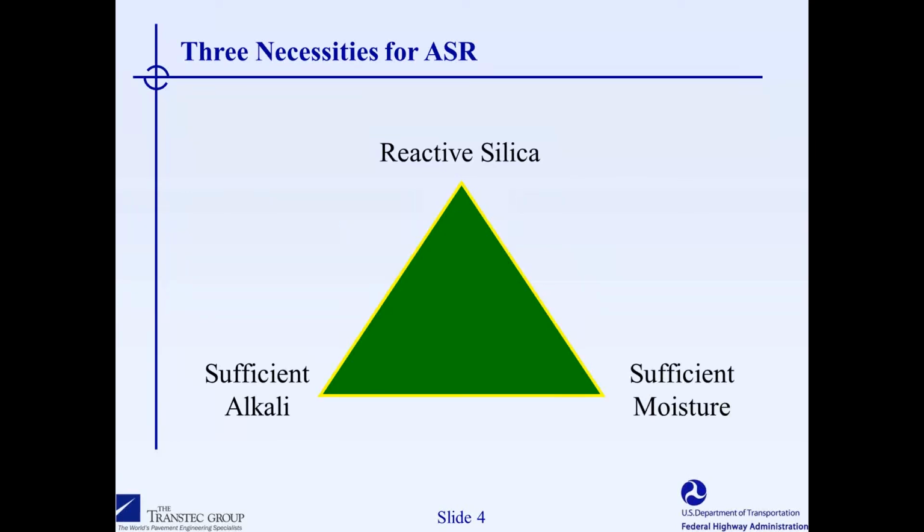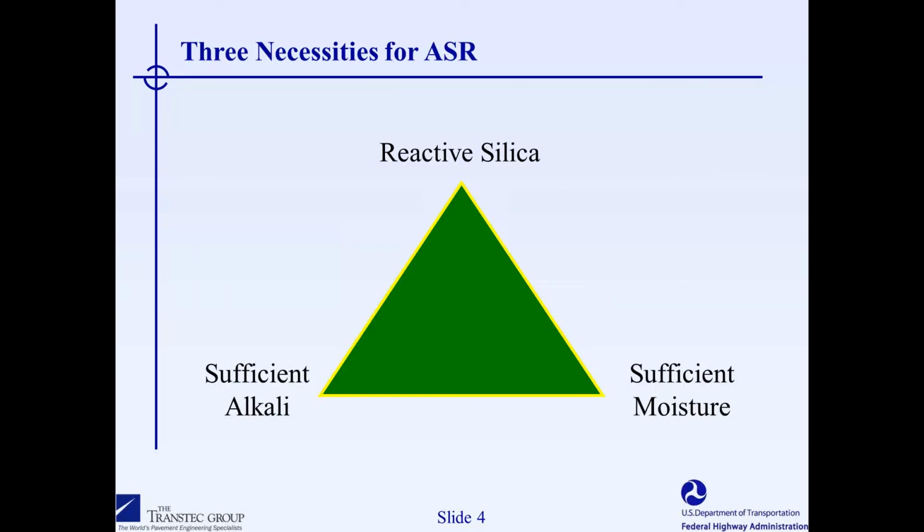Just a reminder from last week, we learned that the 3 things that are required to induce ASR, or alkali-silica reaction, are reactive silica, alkali, and moisture. And if we can try to eliminate or at least control the concentration of one of these 3 things, we can have some opportunity to control alkali-silica reaction.